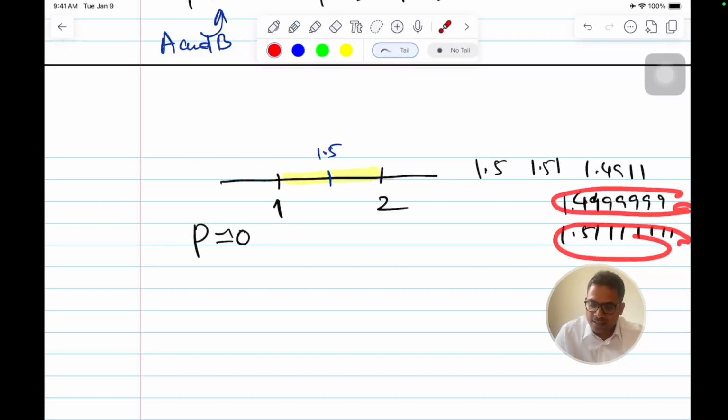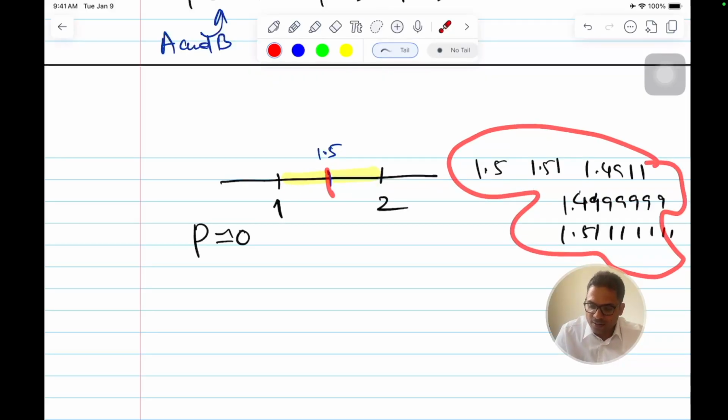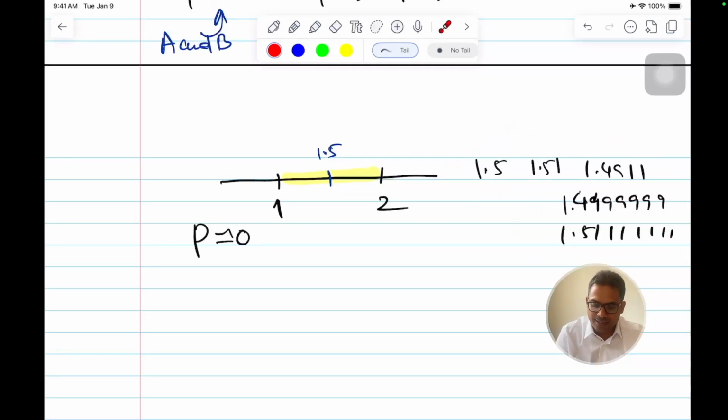There can be infinitely many such points between 1 and 2. So what is the probability that out of these infinite points, I put my pen exactly on 1.5? This will be almost equivalent to 0, because there are so many points.